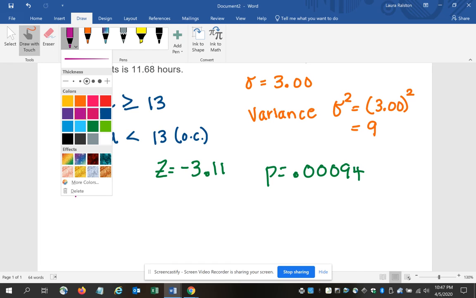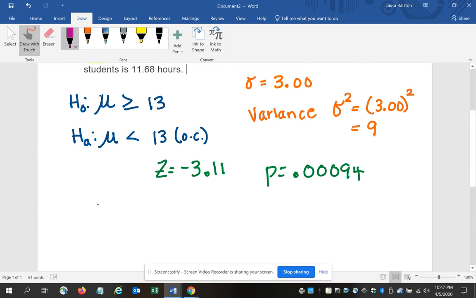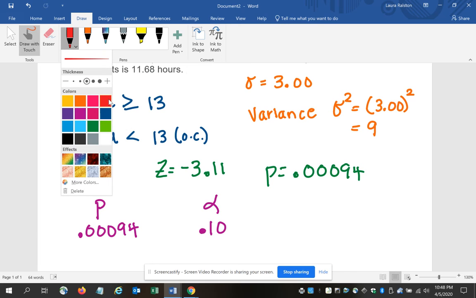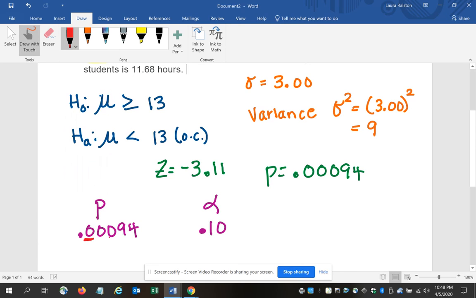If p is 0.00094, alpha is 0.10, I'm going to make the comparison digit for digit. 0 compared to 1. 0 is less than 1. So p is less than or equal to alpha. The rule says we reject the null.